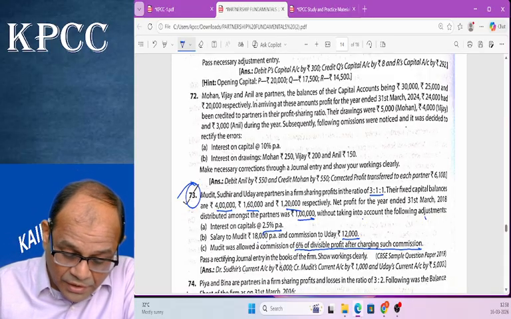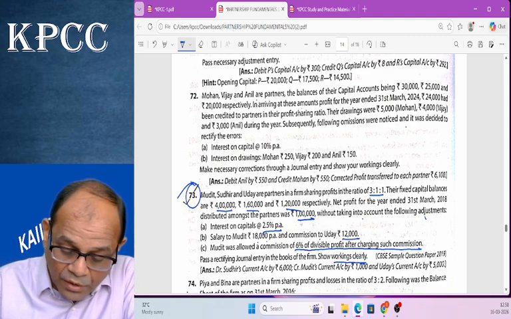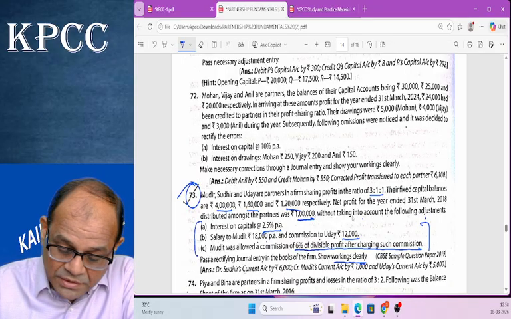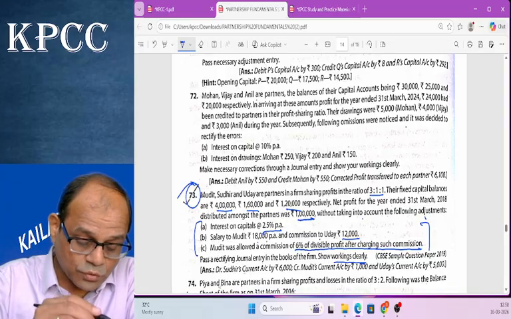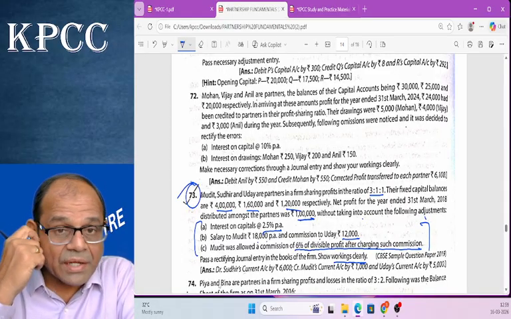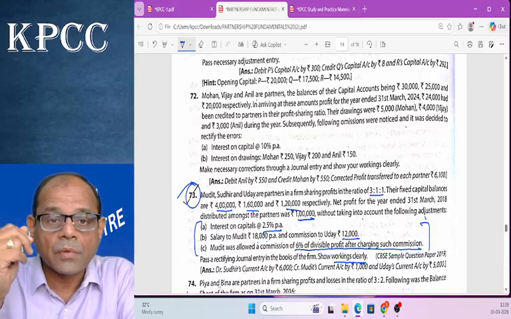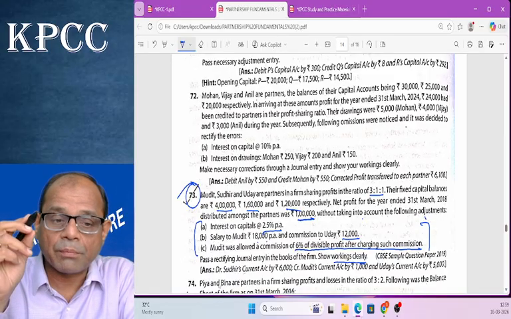Pass a rectifying journal entry in the books of the firm. Show workings clearly. Definitely. First of all, this 1 lakh rupees has been distributed without considering these amounts, which means the profit distribution has happened wrongly. So how will we do it? This rectifying entry can be passed by preparing a proper working note. What working note will be prepared?